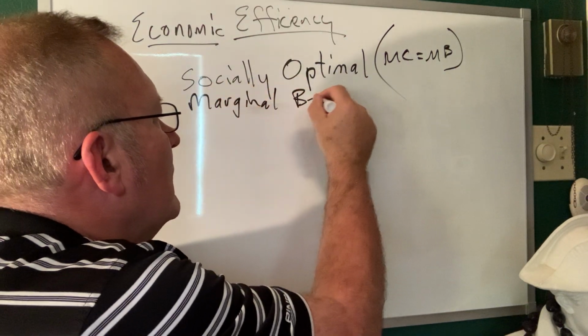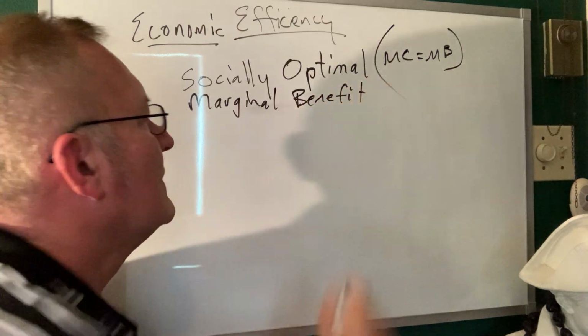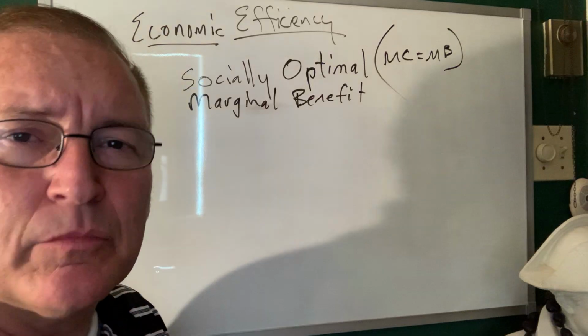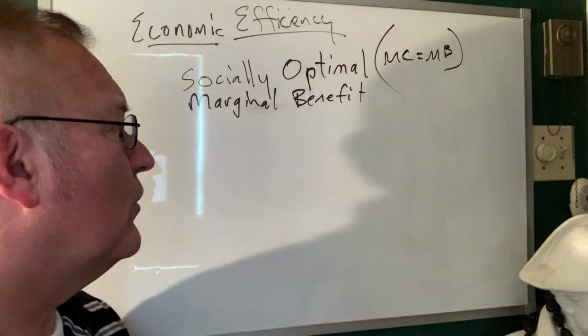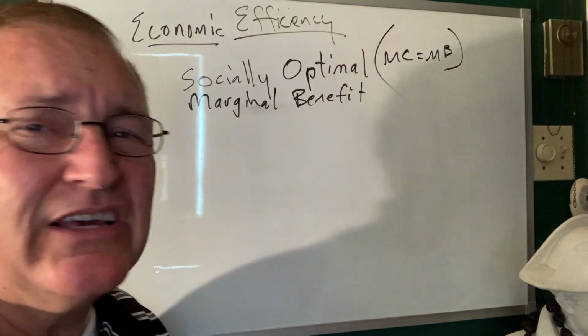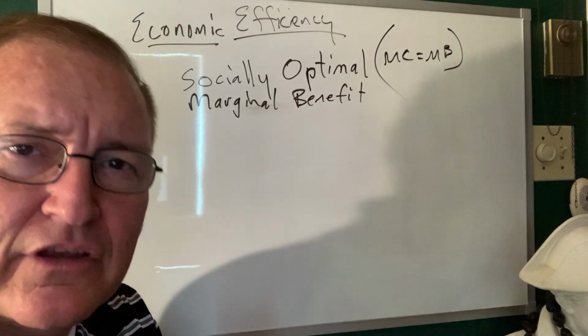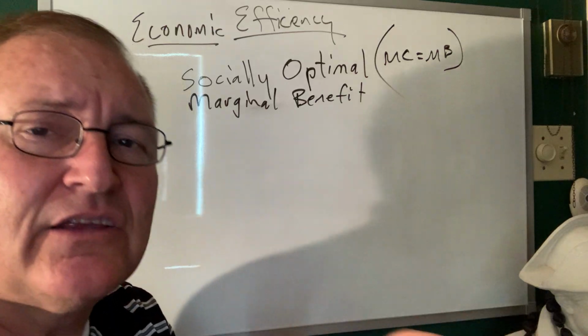Marginal in economics means increment or unit. All right. So benefit, utility, satisfaction. What you're looking for is what is the utility or satisfaction from that next increment.